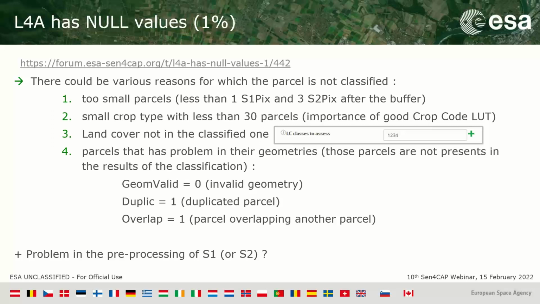Also, another reason might be the pre-processing of the Sentinel-1 or Sentinel-2 SLC or L1C products. And for this, the statistics of the system should be checked, and also see if there was an issue in the pre-processing of the Sentinel-1 or Sentinel-2 products.